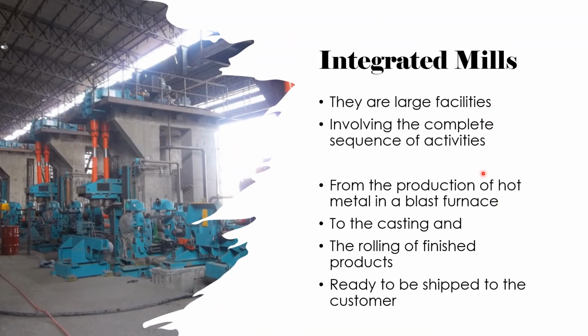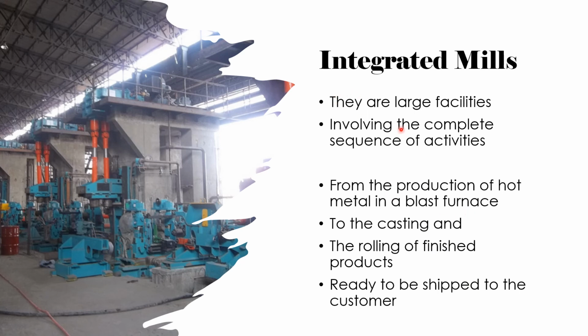Okay, integrated mills. Integrated mills are just a very large facility, and they involve the complete sequence of activities from the production of hot metal in a blast furnace to the casting, and then rolling of your finished products, and then you can ship them out to your customer.